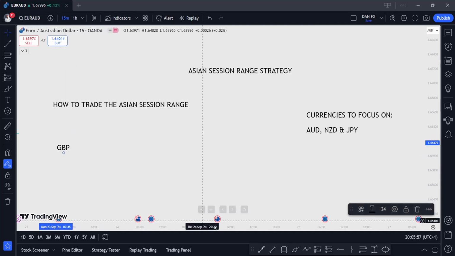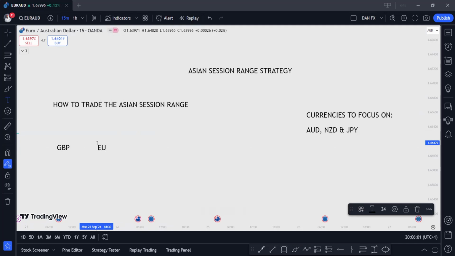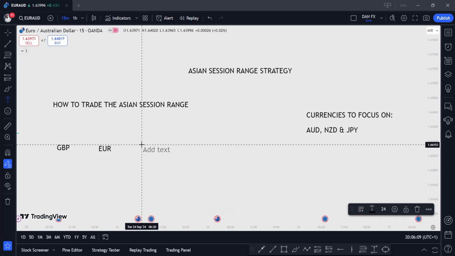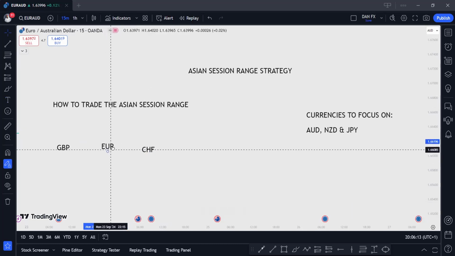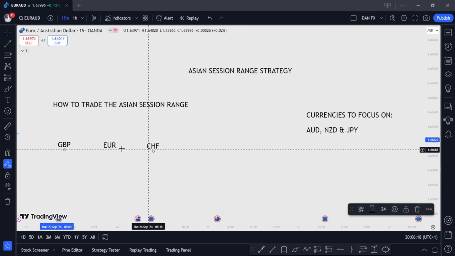So this is a London pair. If you have another pair that has a euro on it, then you can most likely expect it to move during London session. And if you have something that has CHF on it, you can expect it to move during London session. Now, these are the London currencies. These are the currencies that move during London session.